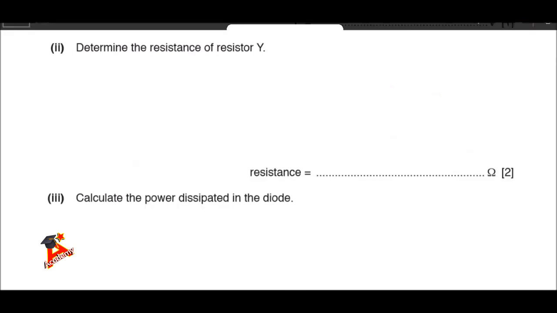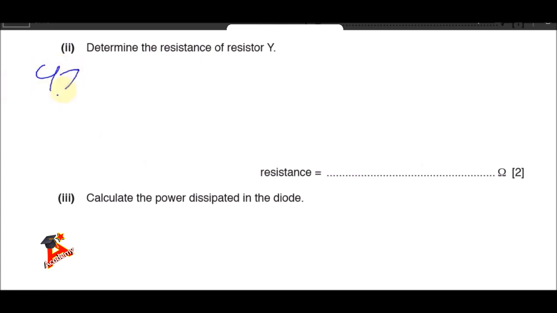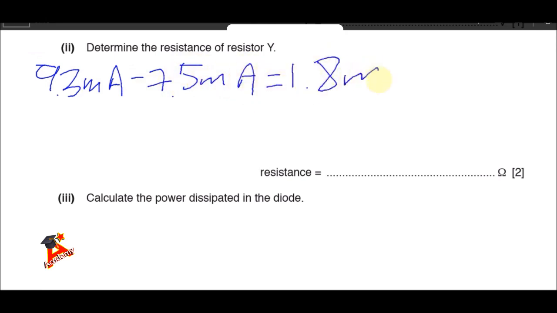The question says determine the resistance of resistor Y. We know that the current passing through Y can be obtained from Kirchhoff's current law. Currents entering a junction are equal to currents leaving. We have currents of 9.3 entering the junction, which means the difference between 9.3 and 7.5 milliamps is the current that enters through Y. So this is the current passing through Y, and we divide E by that current to get the resistance.